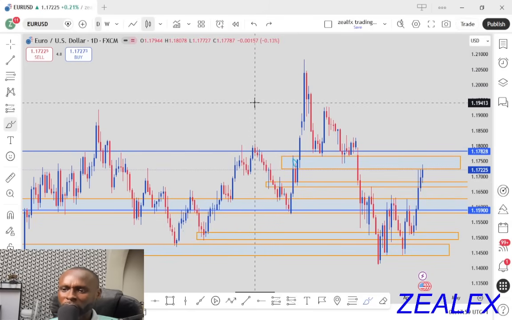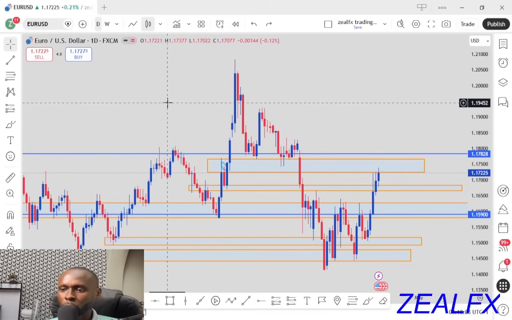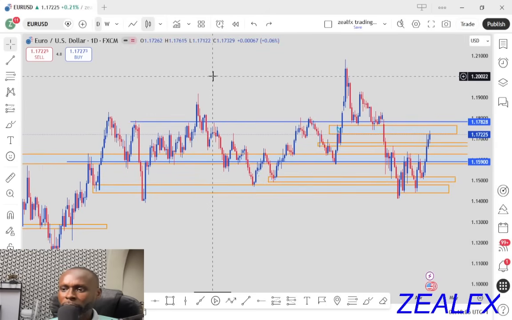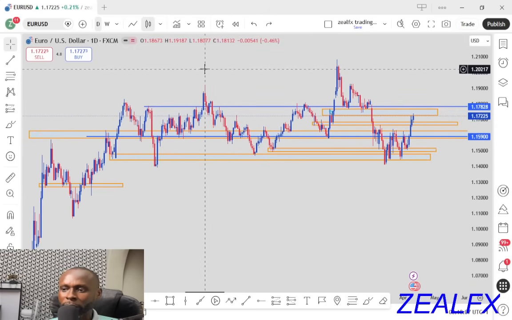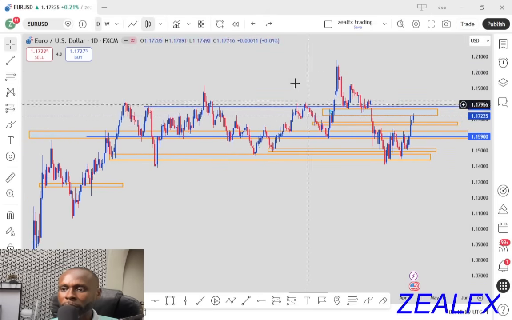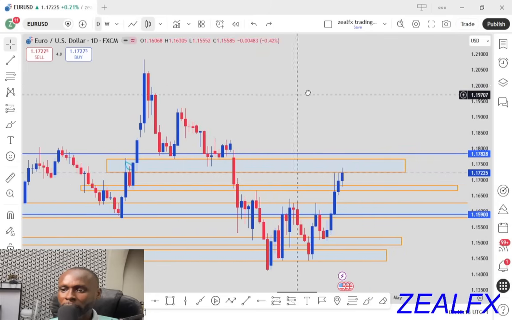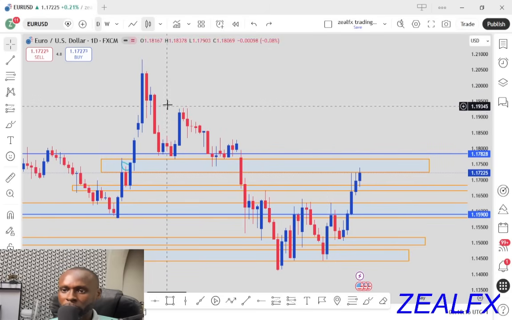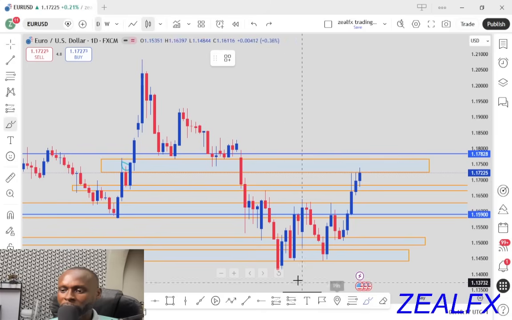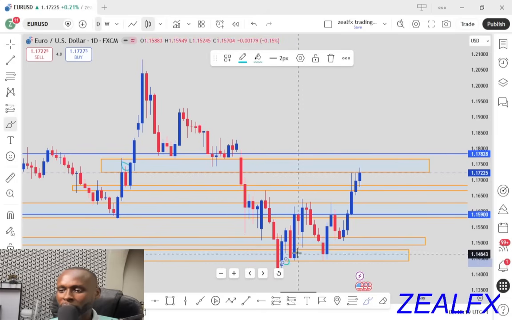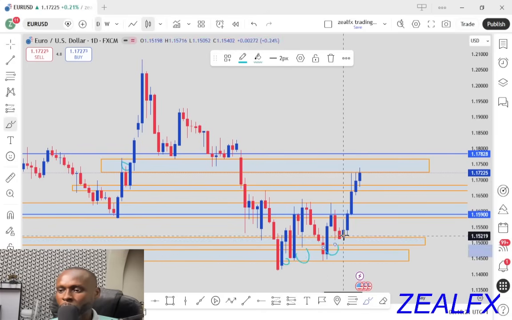So let's look at the trend on the Euro USD. The trend of the market on Euro USD still remains a sideways trend on the daily chart. But what about the inner structure on the Euro USD? We have an uptrend inner structure, which is we have this lower low, then a higher low, then higher low, then higher low.